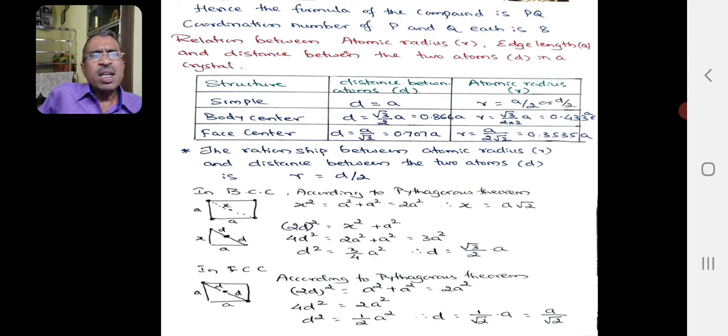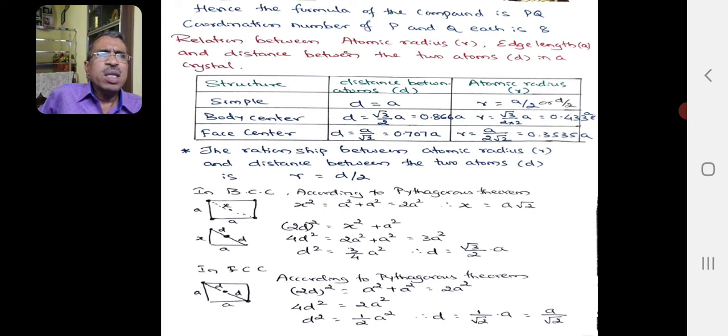In face-centered cubic structure, you apply the Pythagoras theorem here also. The two sides are a, and the atom is present at the center of the square. Therefore, 2d square is equal to a square plus a square, that's equal to 2a square. 4d square is equal to 2a square. Therefore, d square is equal to 1 by 2 into a square. Therefore, d is equal to 1 upon root 2 into a.